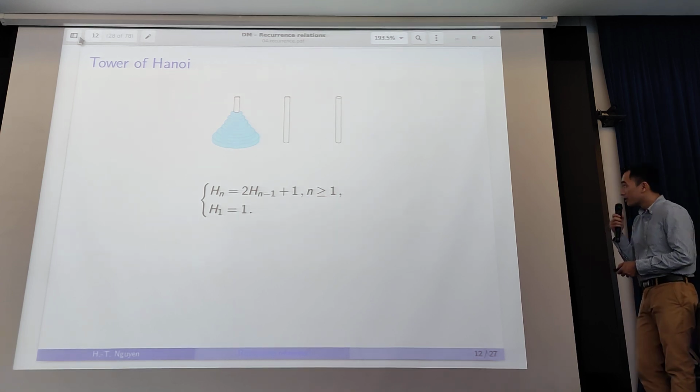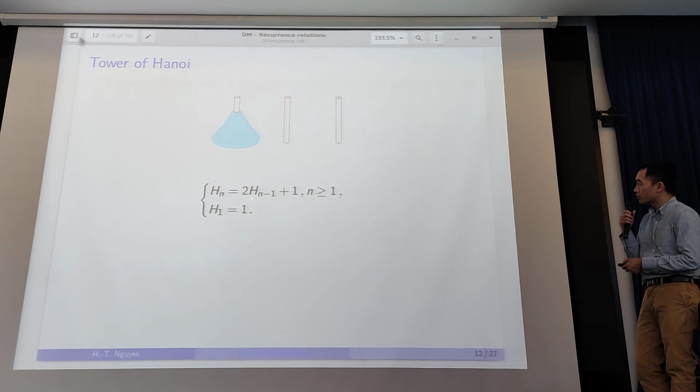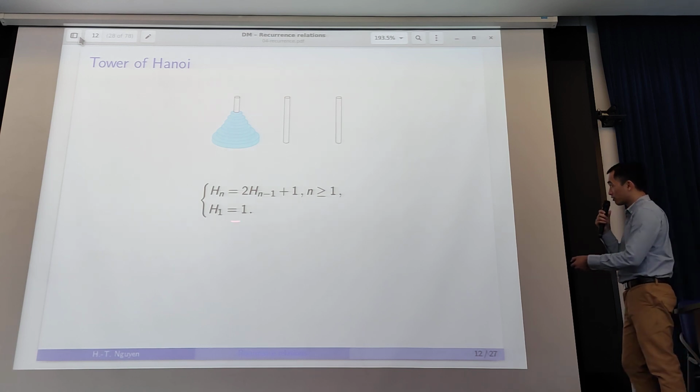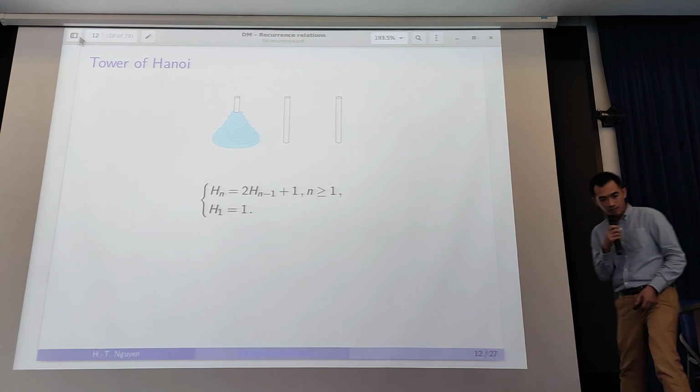Here H(n) is equal to 2 times H(n-1) plus 1, and the initial condition is H(1) equal to 1. Okay? So in this recurrence relation, you need only one term on the right hand side. That means that you need to have only one value in the initial condition.